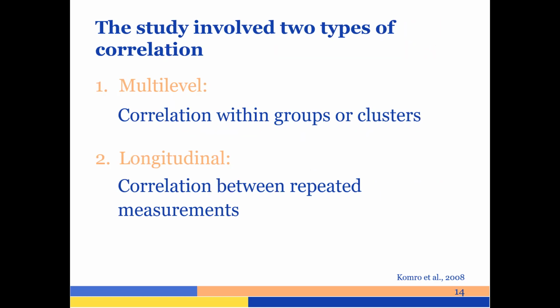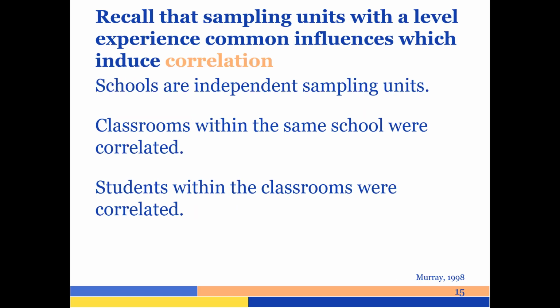Once again, here are the two types of correlation that are being induced by this multi-level longitudinal design. The correlation within clusters comes from the multi-level features, and the correlation due to repeated measurements comes from the longitudinal features. The correlation from clusters is a result of the shared experiences for classrooms within schools and students within classrooms.